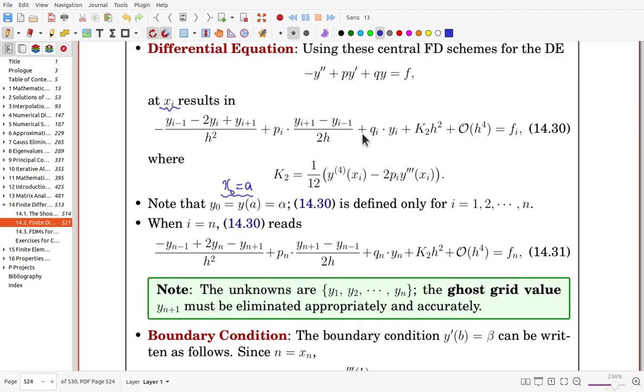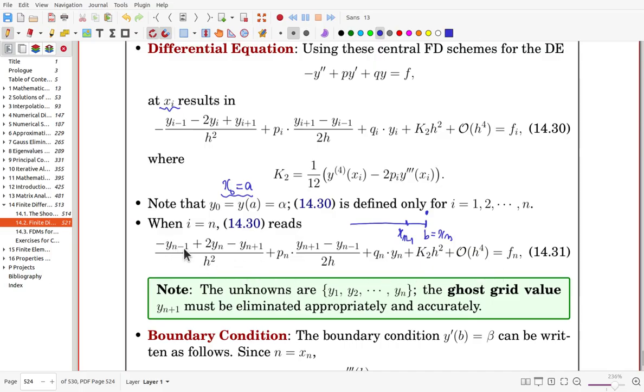Now let's look at the equation at the end. Here we have that b is x n, and this is x n minus 1. At this point, this equation is defined, and in detail we can see it in this way.